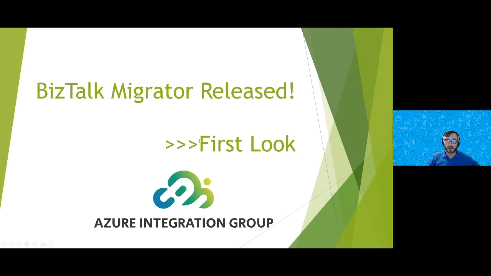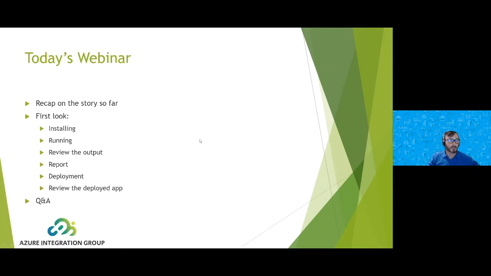Let's start then. What we're going to do in today's webinar is recap a little bit on the story so far, setting a bit of context on the BizTalk Migrator, and then take the first look. From an almost blank sheet of paper, we're going to install the BizTalk Migrator and run it.